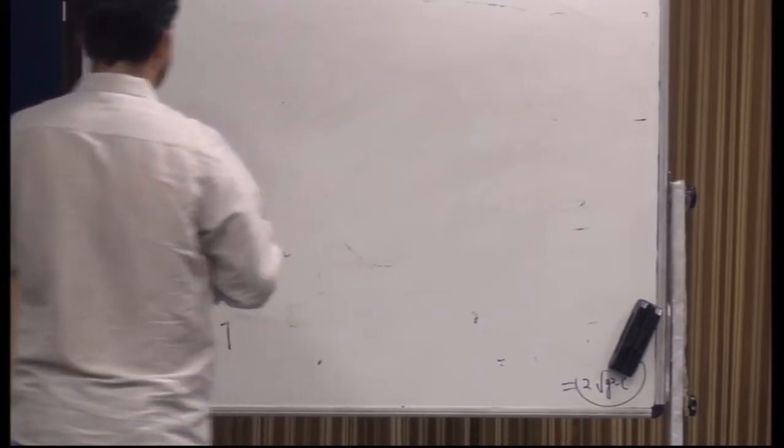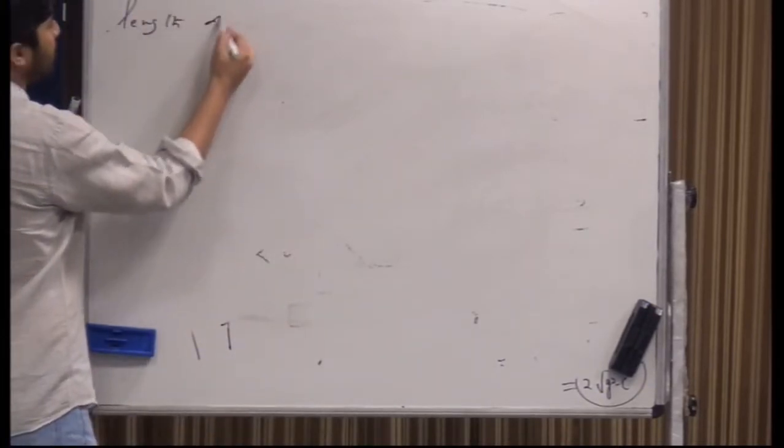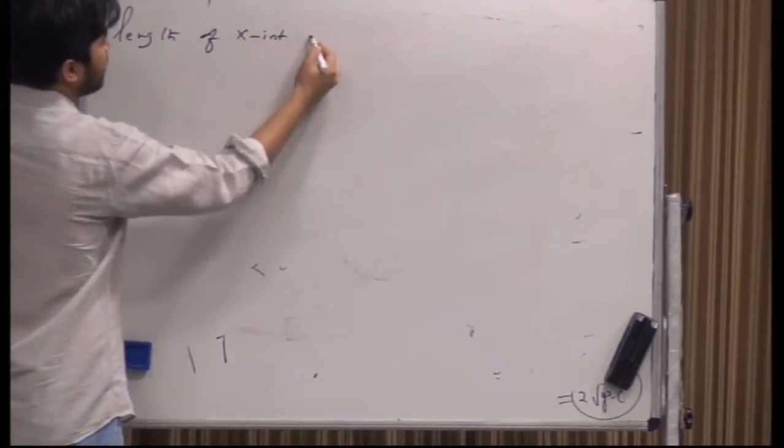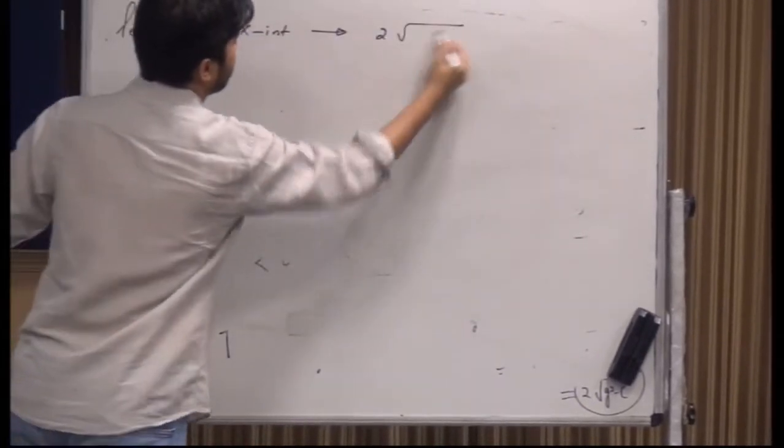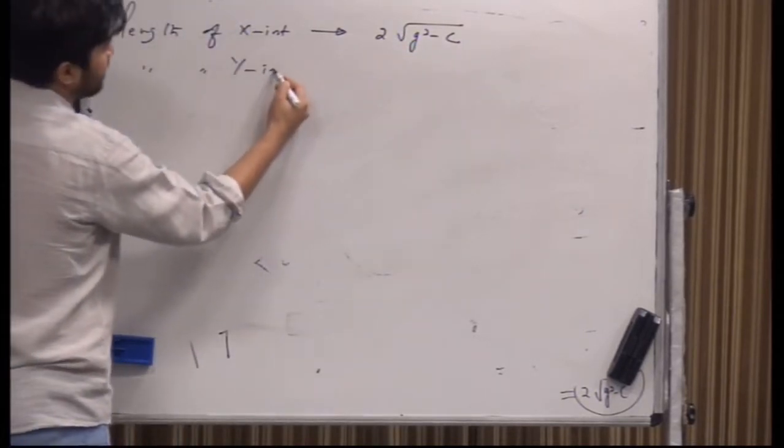So just revise what we have studied. Length of x-intercept was twice under root g square minus c. Length of y-intercept was twice under root f square minus c.